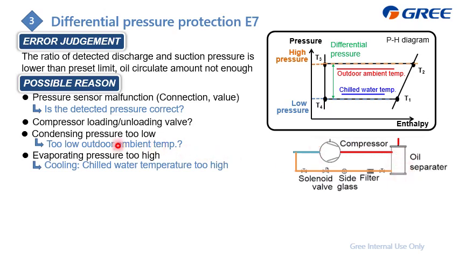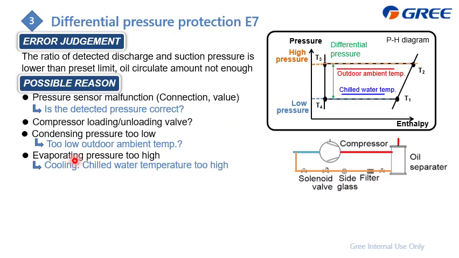And next is the condenser pressure being too low. That means the outdoor ambient temperature is too low but cooling is still required. For the system it is very good, but for the oil return it is not.